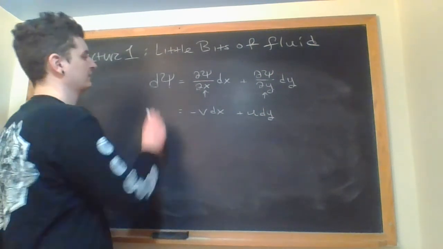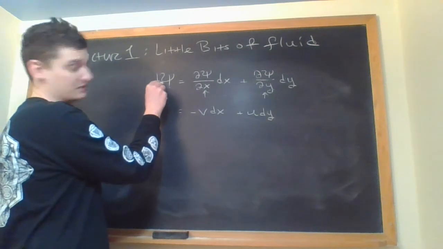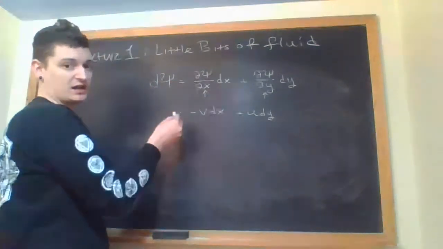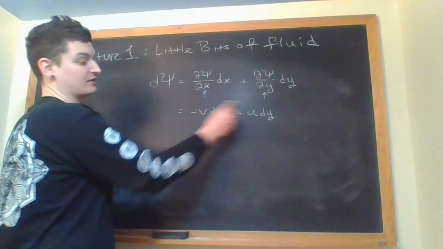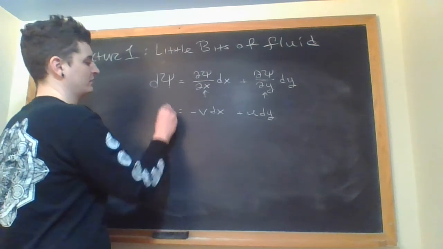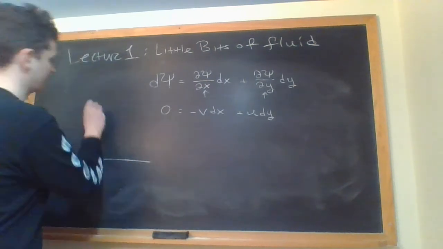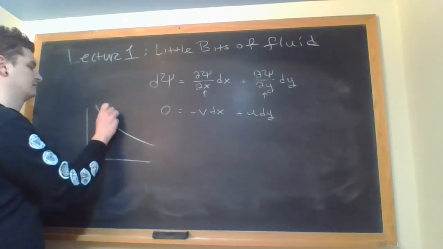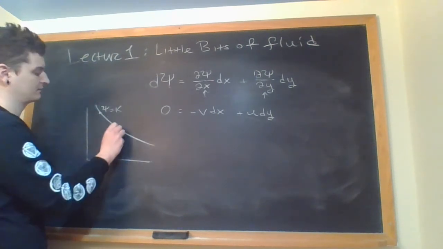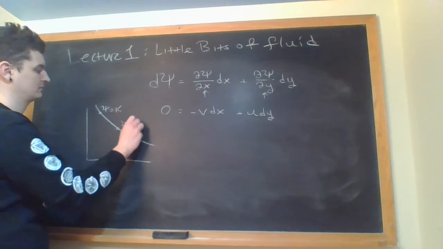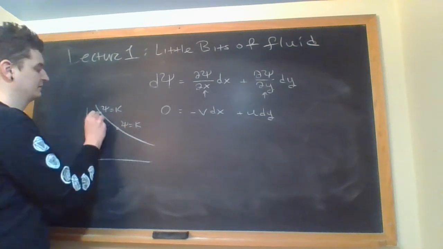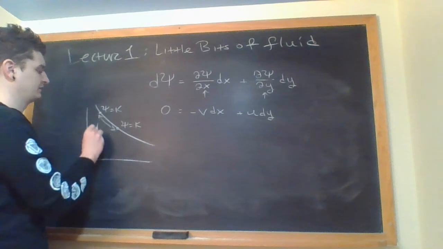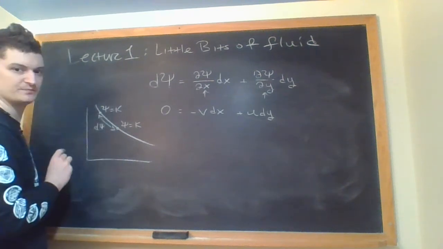dy, and then the other thing you say is if I'm along a streamline that's constant, then there's no change in this function value. All that's changing are these quantities. So this I know to be 0 because if I'm on a streamline, it equals k there, still equals k there. So this being the change.